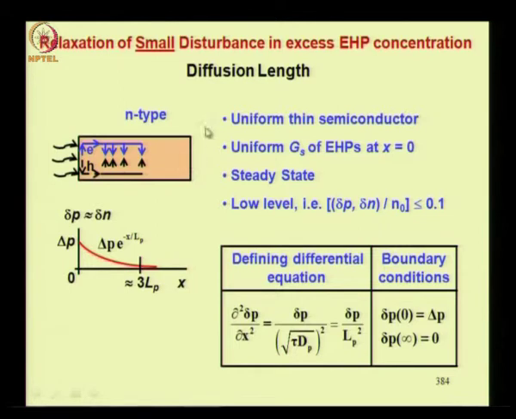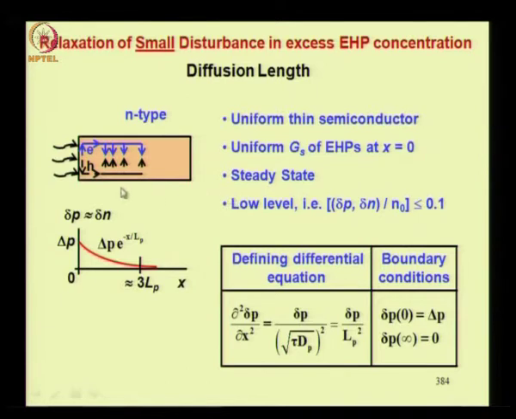Now repeating analogous discussion for diffusion length, this length is introduced in the physical situation shown here where this is a uniform thin semiconductor. There is a uniform surface generation of electron hole pairs at x equal to 0 over here, which helps you to elevate the excess carrier concentration at this boundary alone, and then there is steady state and low level conditions.